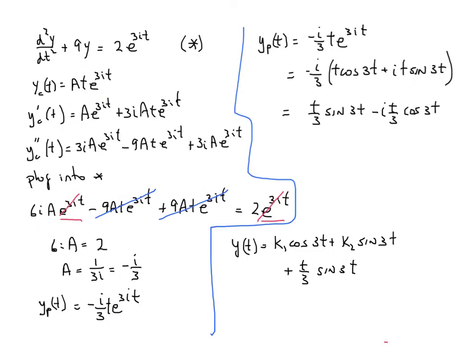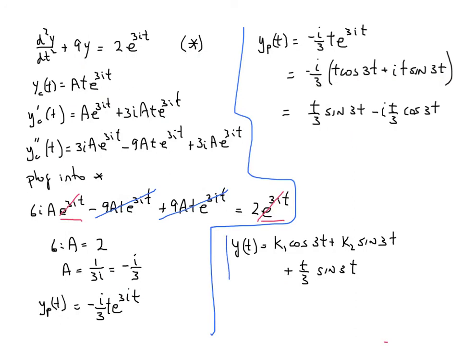Since our original problem had only a real part to it, in our solution, we only want to take the real part of our solution. And so in this case, the real part of our solution is t over 3 sine 3t.